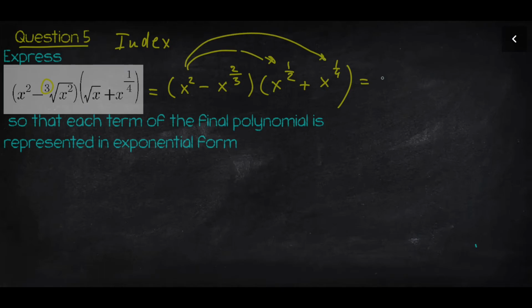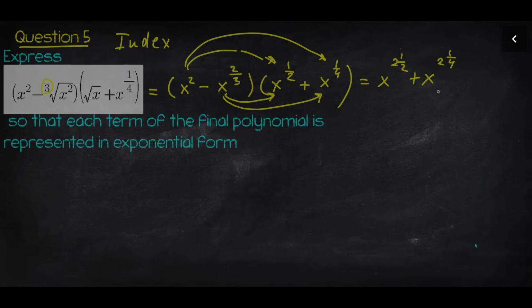Next, x squared times x to the power 1 over 4 is going to be plus x to the power 2.25. Then you distribute negative x to the power 2 over 3 by each term, so you multiply by each term. That's why it's going to be 2 over 3 plus 1 over 2.